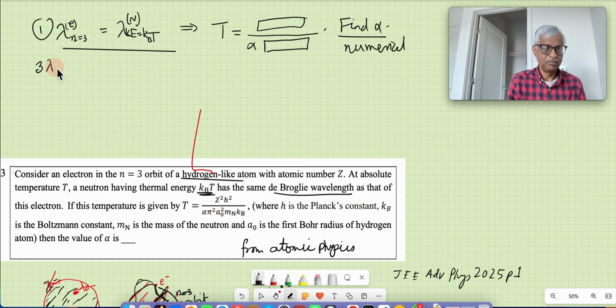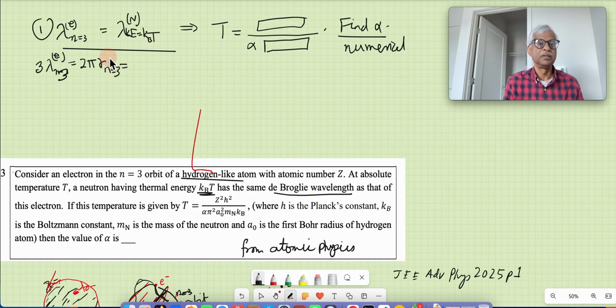So 3 lambda 3 for the electron will equal 2 pi rn of the electron.